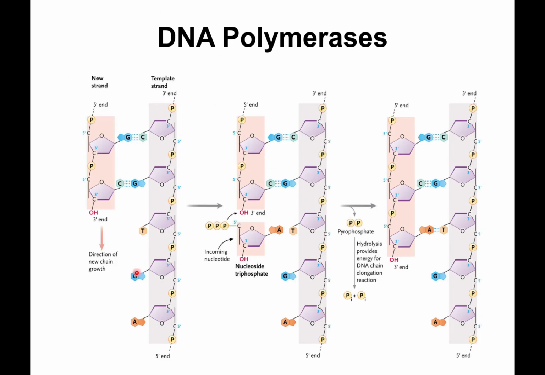So this is the template strand. This is the old DNA that gets copied into the new one. The old strand copied into the new one. So how DNA polymerase works is by adding one nucleotide at a time to the 3' hydroxyl group of the growing DNA. It does that by taking a deoxyribonucleotide triphosphate. So you get the energy as well here.